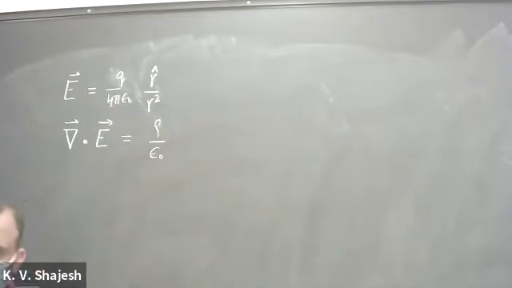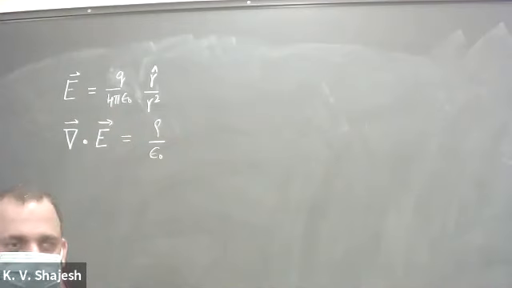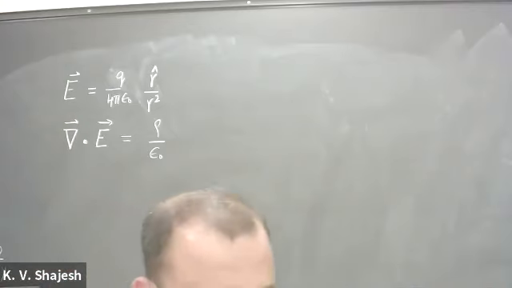If you have just one point charge, it means it has dimension 0, right? So what is the charge density for a point charge? It's a tricky concept, huh? What is the charge density for a point charge? Shouldn't be zero.